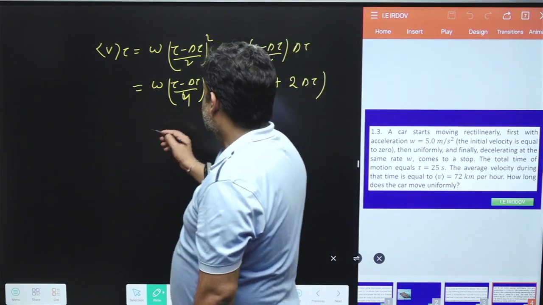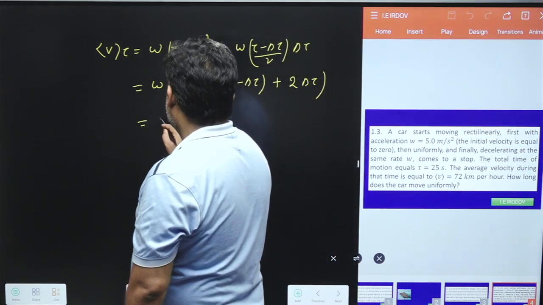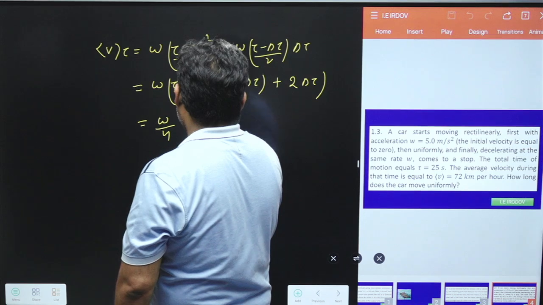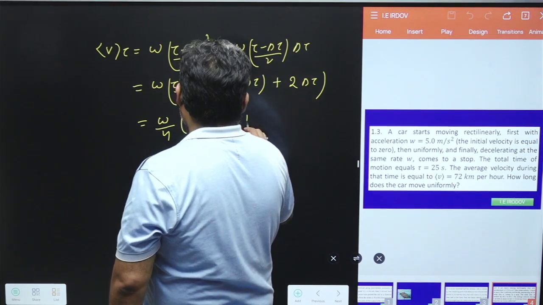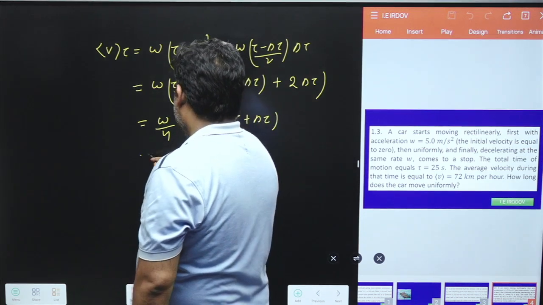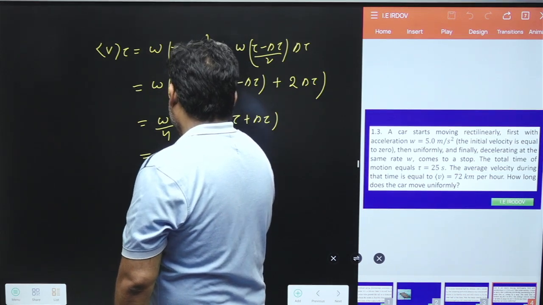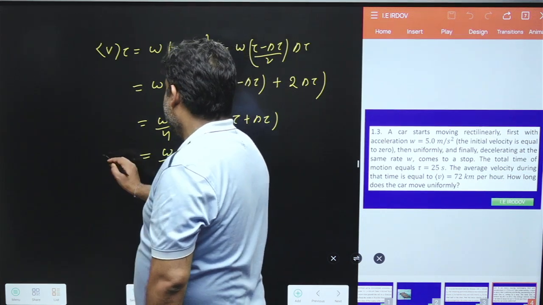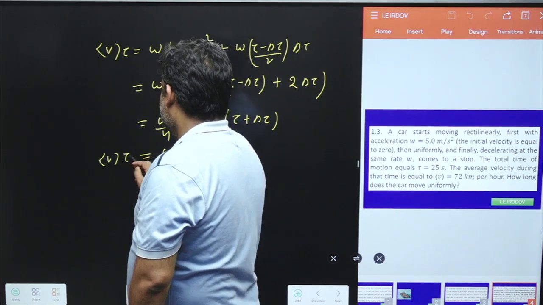This whole thing can be written as w by 4 into tau minus delta t, and this will be tau plus delta t. And what will be this value? w by 4 into tau square minus delta t square, that is the average value of v into tau.